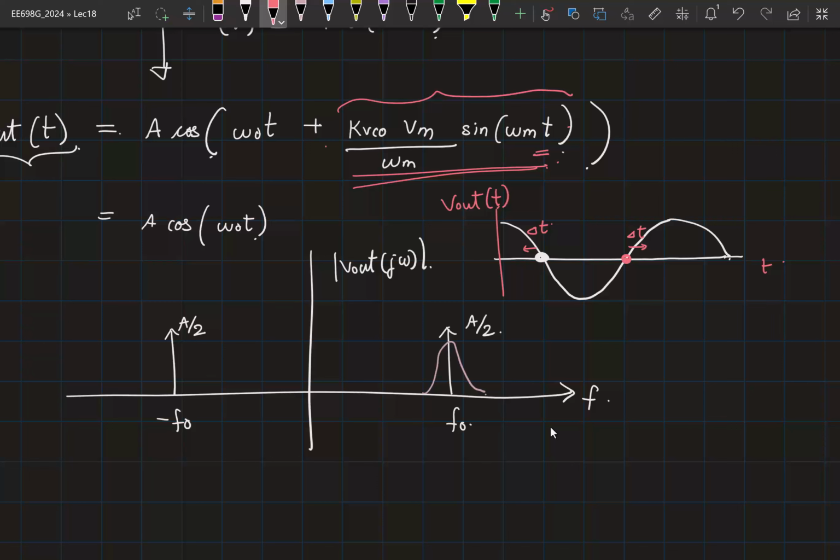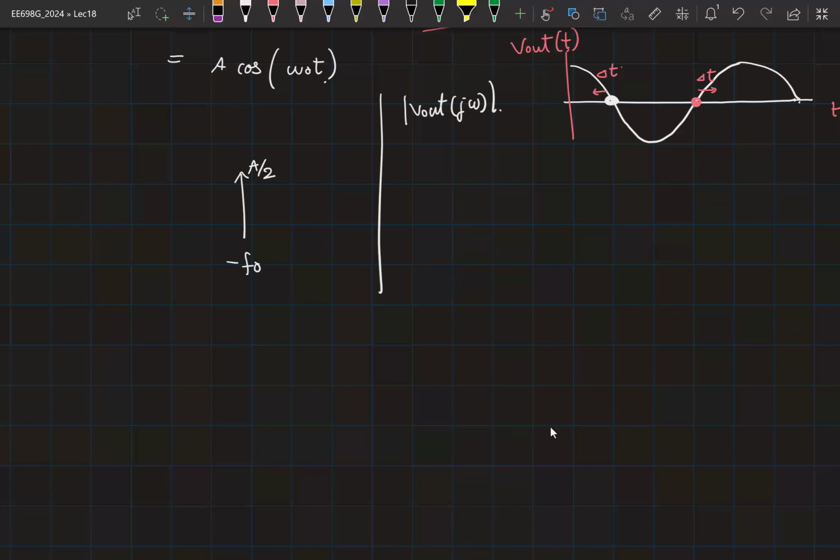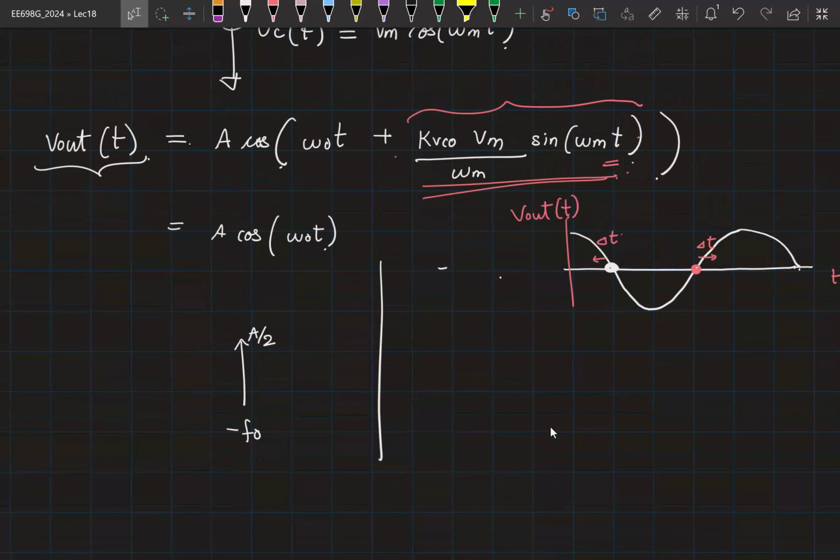Yeah, I meant without details about omega naught and omega m exactly, that we cannot know. You need to know the full details. It's not that the time is negative; sine of omega m t has to be negative.